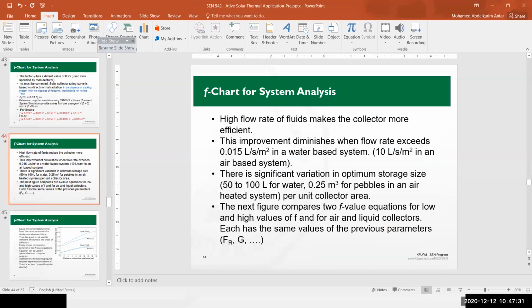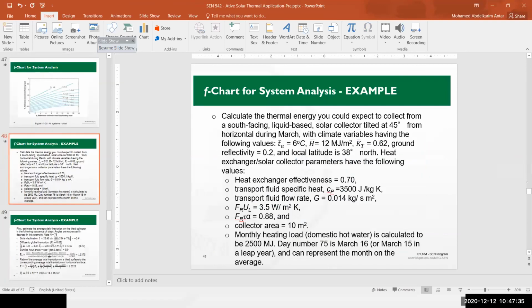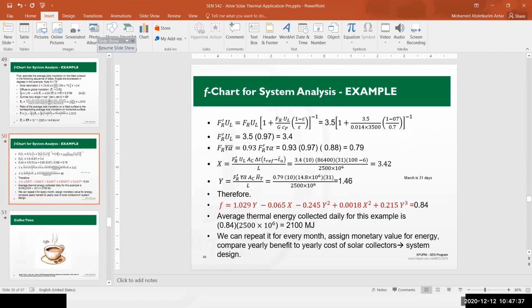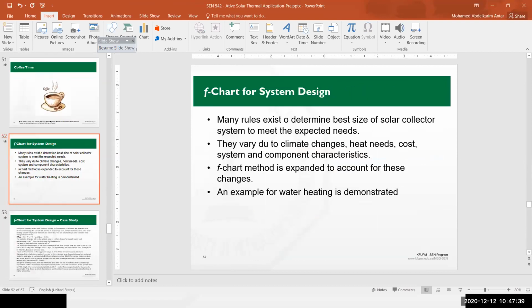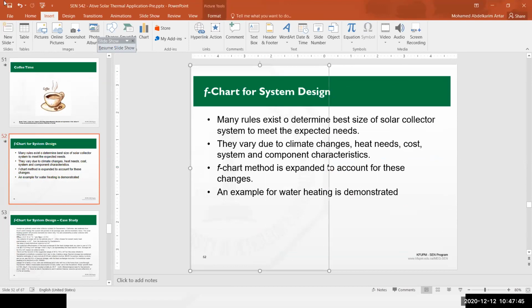So there are some parameters that come into the picture here that need to be considered. Not only the loads, but the weather conditions that we are going through are another important parameter. The F-chart method is then expanded to account for these changes, and an example of water heating is being demonstrated.